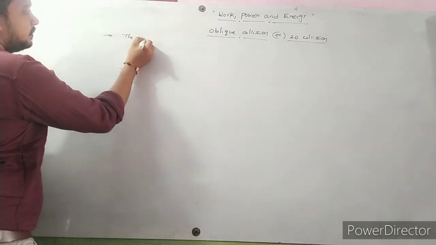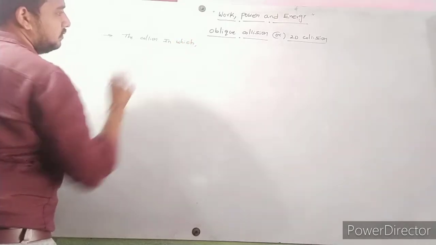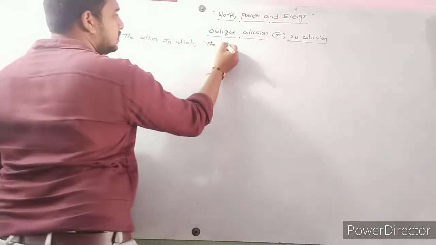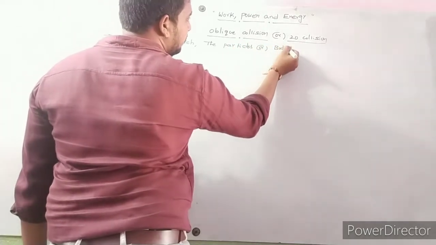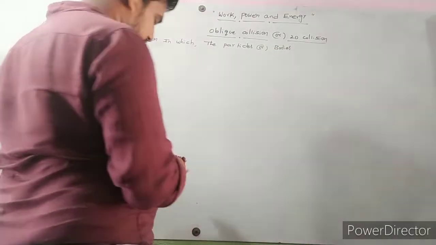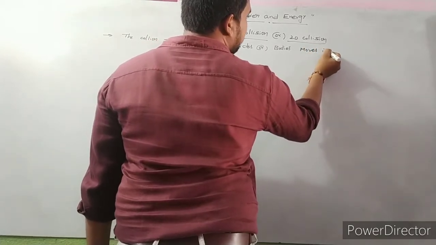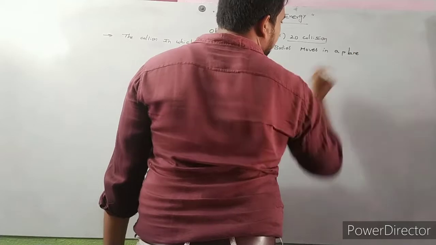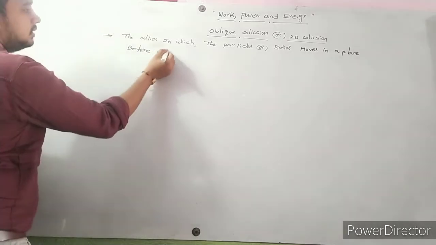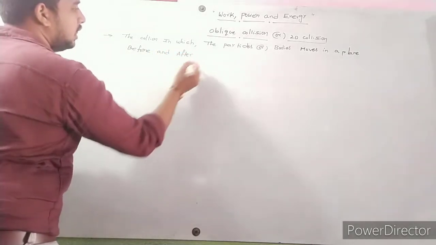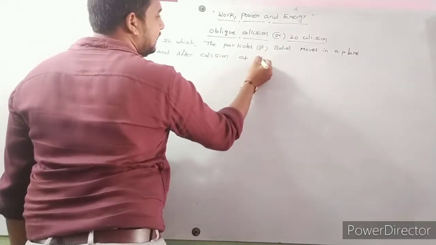The collision in which the particles or bodies move in a plane before and after the collision at different angles.